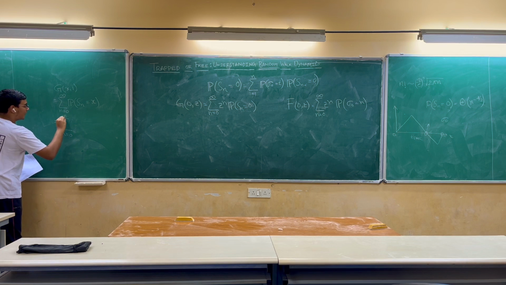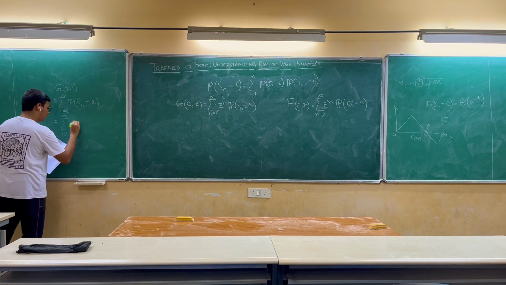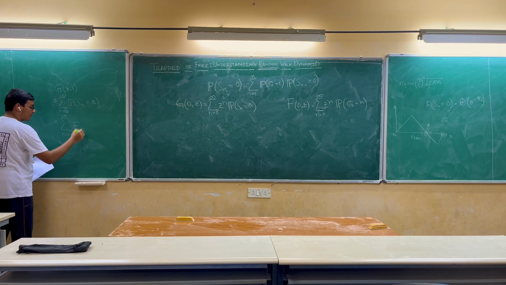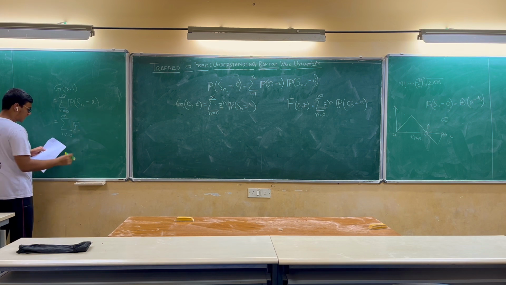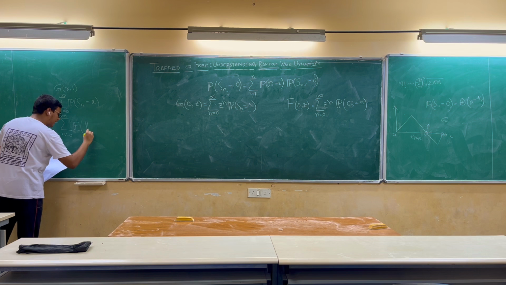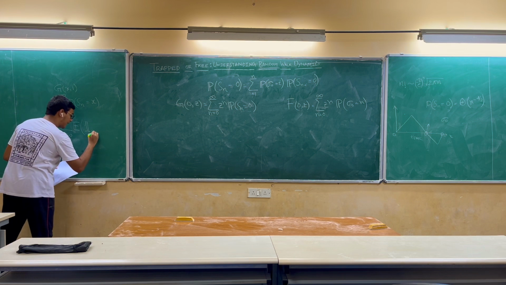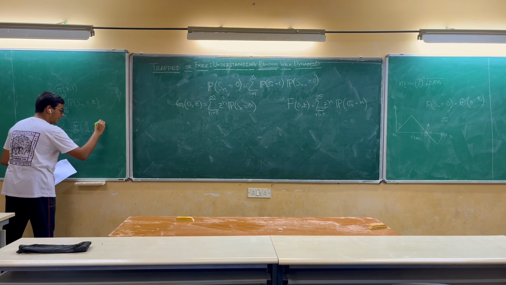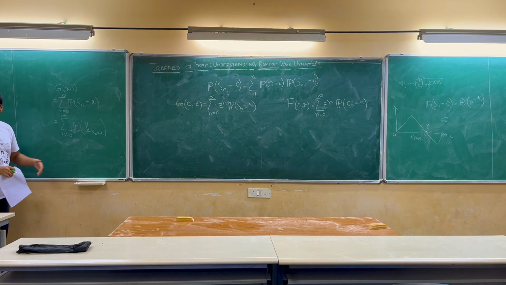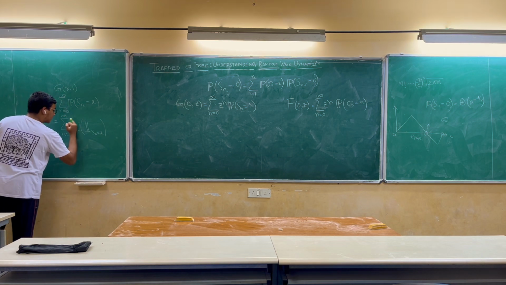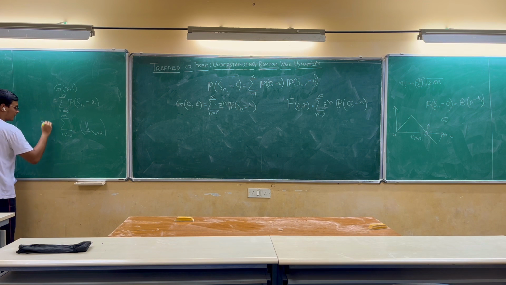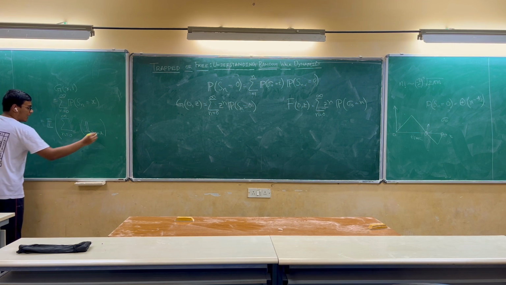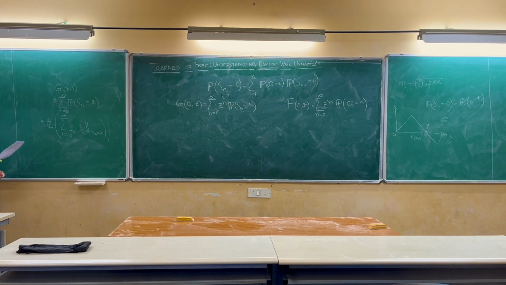Now if we rewrite this in a different form, this probability is basically the expectation of the indicator random variable that the walk is presently at x or not. By the linearity of expectation, we can just pull the sum out, and it will look something like this.